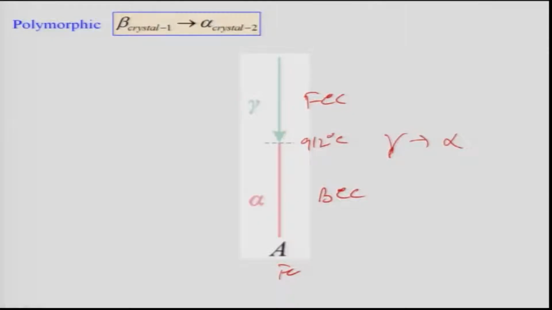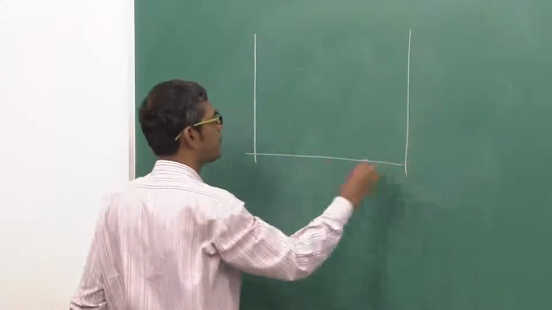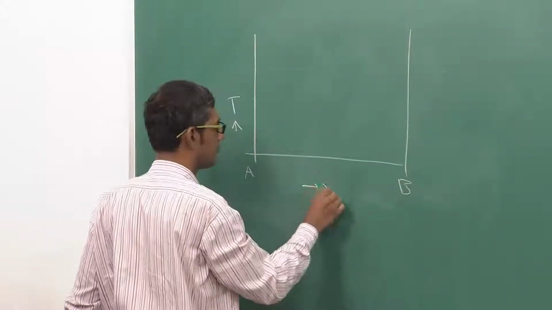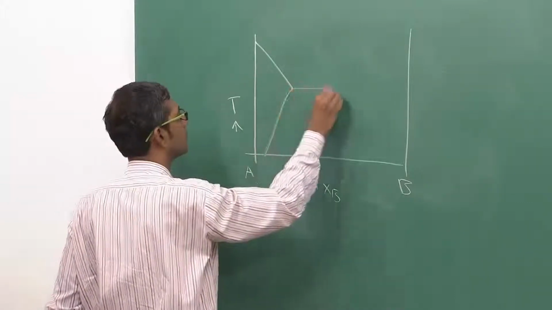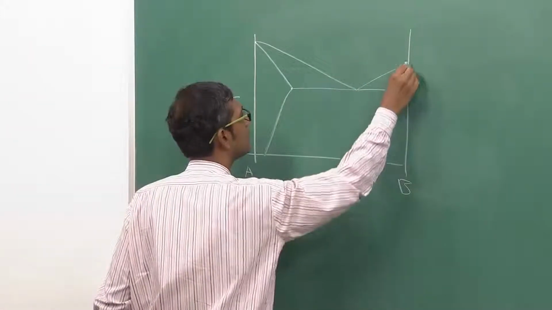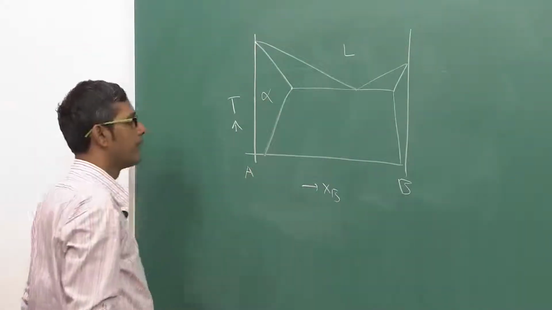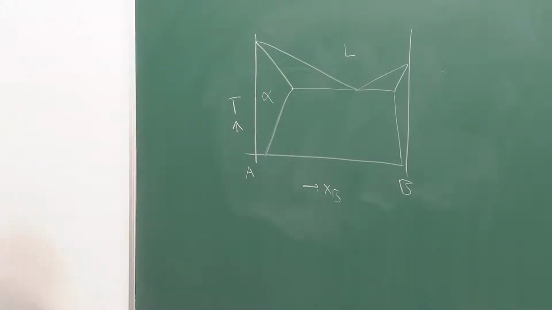The phase diagram which allows you to understand the precipitation type, I will take a couple of minutes to describe. The important aspect is that, as I showed you, if you want to have precipitation hardening in a system, the phase diagram must satisfy certain things.